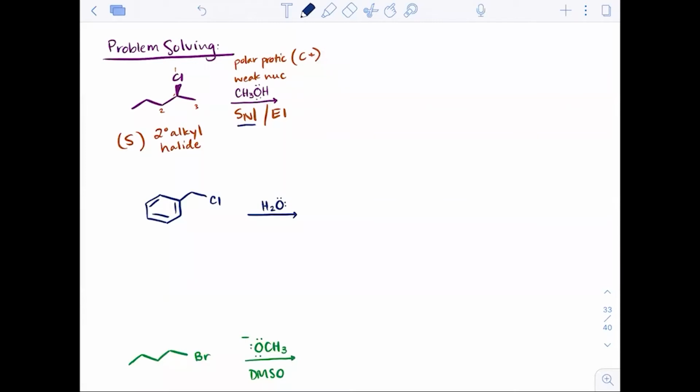But again, when we're doing a mechanism for SN1 versus E1, that first rate determining step is forming the carbocation. So both of them would start here, and then we can take it to the substitution and the elimination outside of that. So we'll do substitution up here.